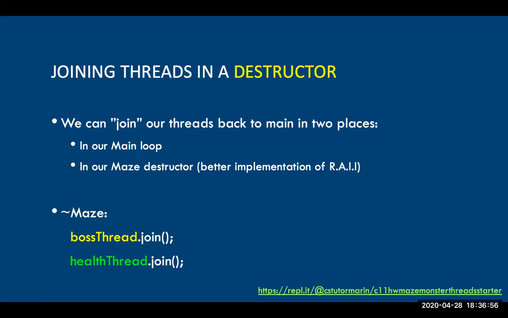And that is one little problem, that the cin might hang if you're dead. You might not know you're dead yet. And this would be one reason to rewrite main to use the mutex lock a little more thoroughly. But as we'll see in this upcoming exercise, it's not true that main can just quit at any time, because it's going to have to wait for the boss thread and the health thread to finish their jobs.